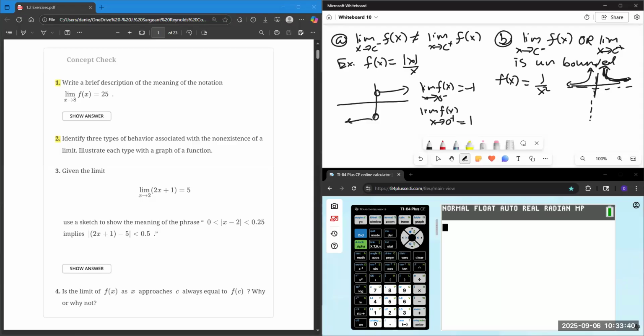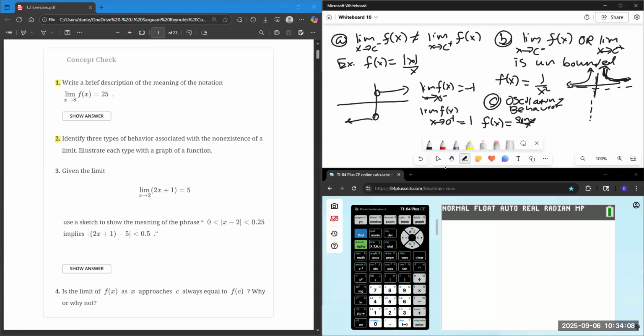All right, and then the last thing is oscillating behavior. And the classic example of this is f of x is equal to, I think that's sine x over x.